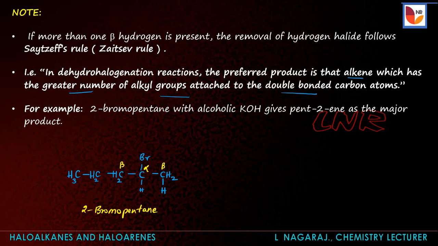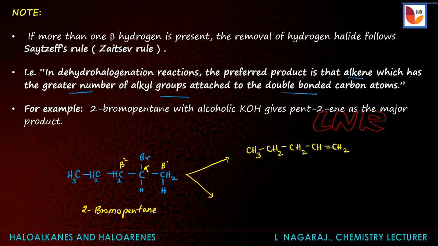In such a case, it undergoes 2 types of dehydrohalogenation reactions. First, elimination of the first hydrogen along with the halogen. The obtained product is CH2 double bond CH, CH2, CH2, CH3. Next, elimination of the second hydrogen along with the halogen.